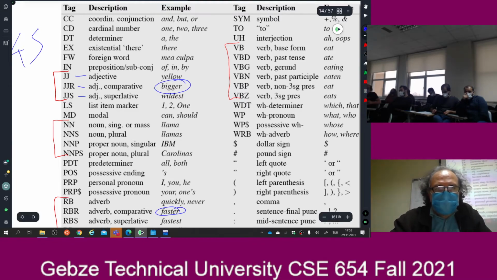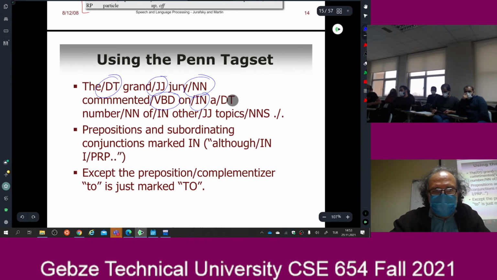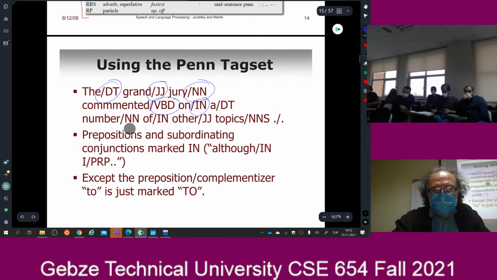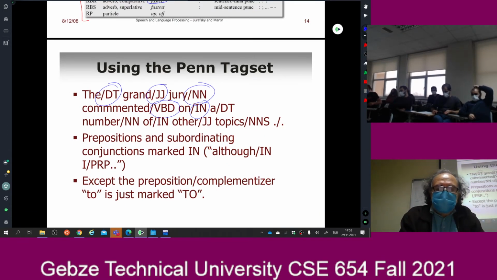All the prepositions are marked as IN. Then a determiner, a noun, another preposition, an adjective, and NNS, plural noun. And this one is end of sentence punctuation.